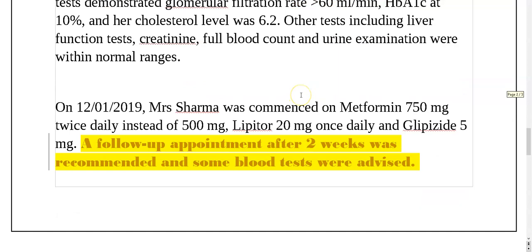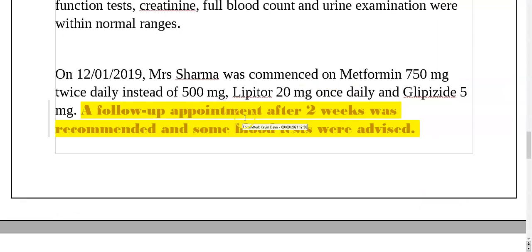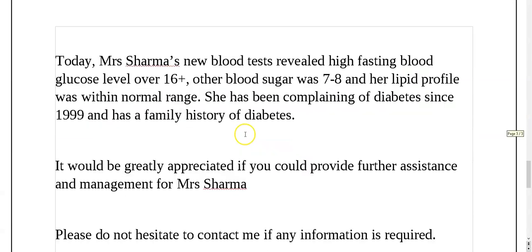Okay, it's not too bad. Again, we don't really need you to say it was recommended. Did she accept your recommendations? Did she accept your advice? Why would you say I recommended this and I advised that? Simply, she came back, her new tests, and that would work fine.